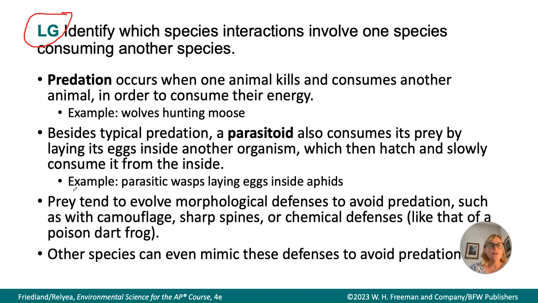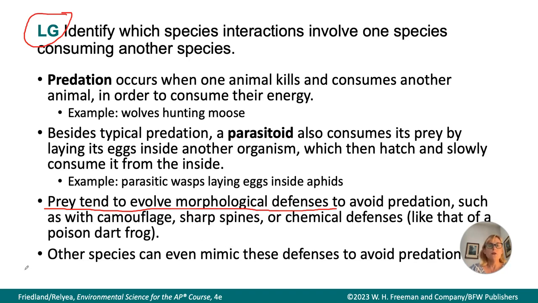And so we also need to know about prey, and predators and prey are constantly adapting through natural selection to either avoid being eaten or to get better at eating. And so sometimes we call it an evolutionary arms race.